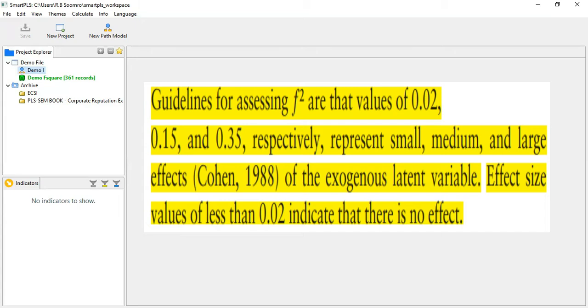So now if you remove any construct from the model and the R square is reduced, then look at the change between the R square included and the R square excluded.